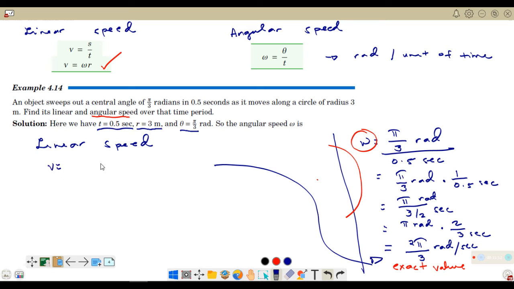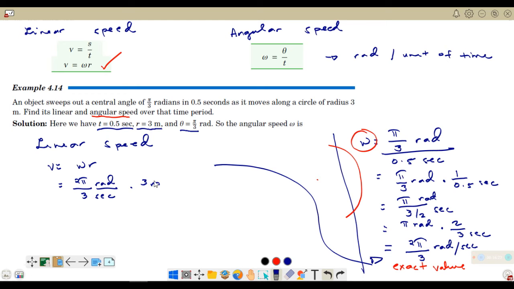So, we have V, the linear speed, is equal to omega times R. That is 2 pi over 3 radians per second times 3 meters.